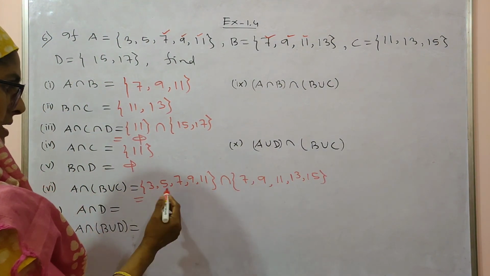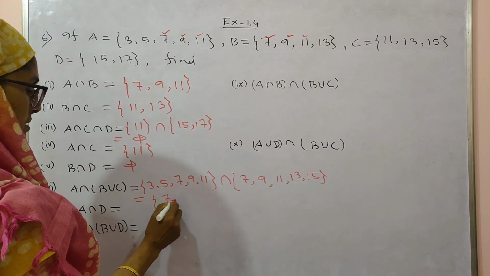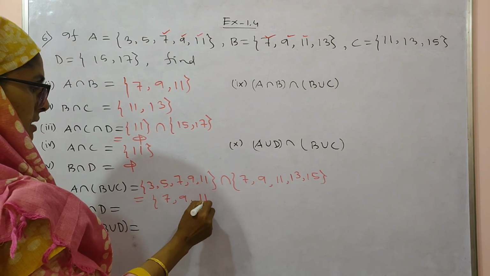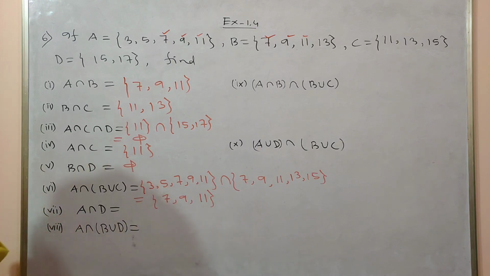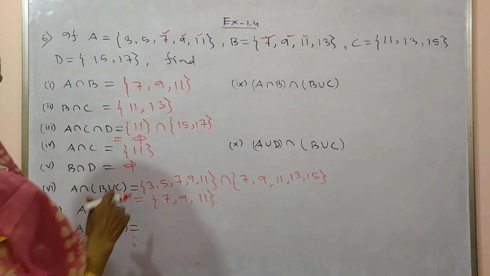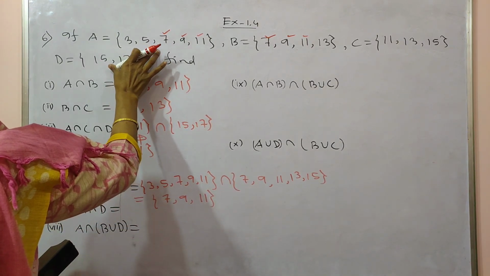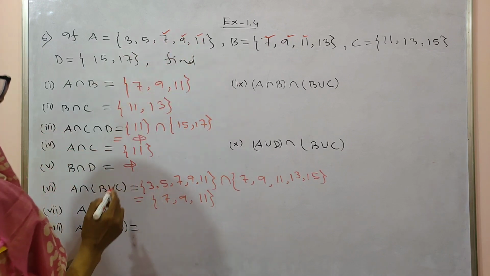Which are the common elements? Only 7, 9 and 11. Next, A intersection D. No common element, so this is the empty set.